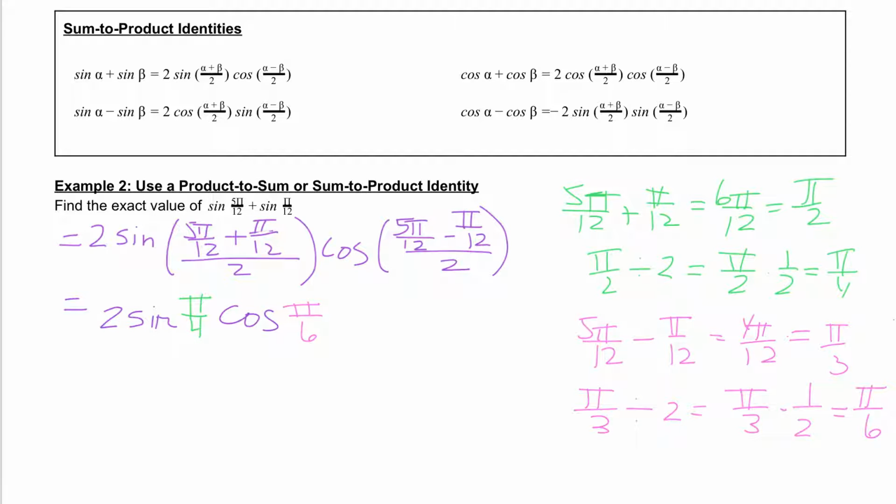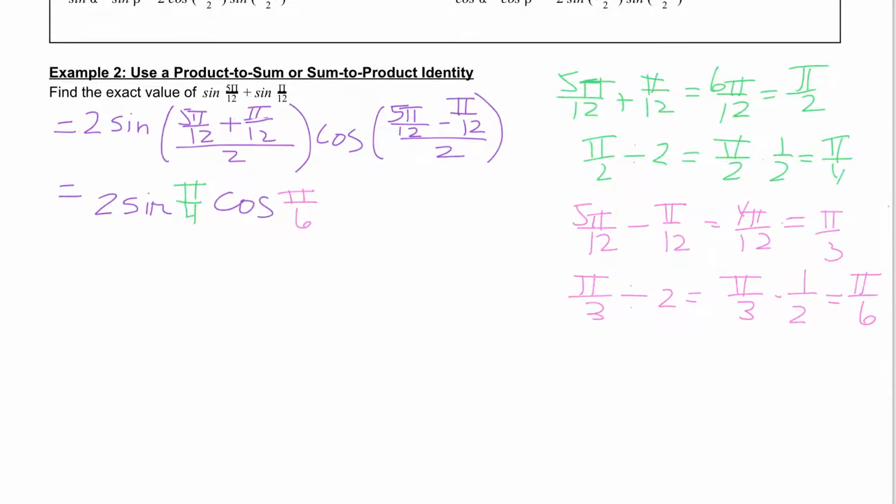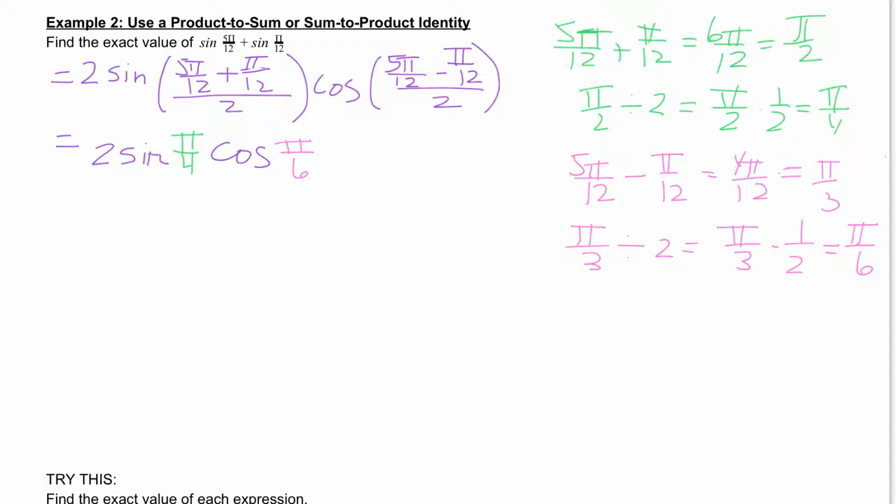So if we think about it, sine of pi over 4, I'm going to move this up a little bit for us. Pi over 4 would be in the first quadrant with a 45-degree angle. And across from a 45-degree angle is the square root of 2 over 2. So I can rewrite this as 2 times the square root of 2 over 2.